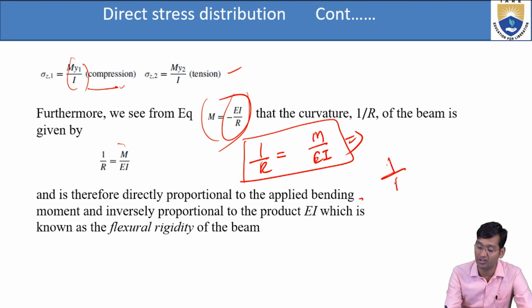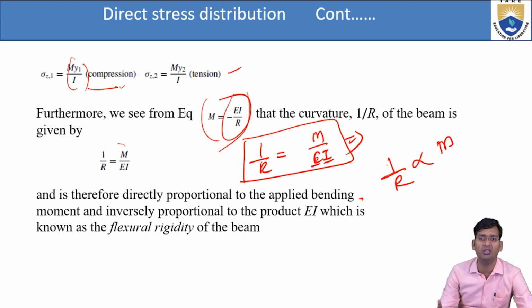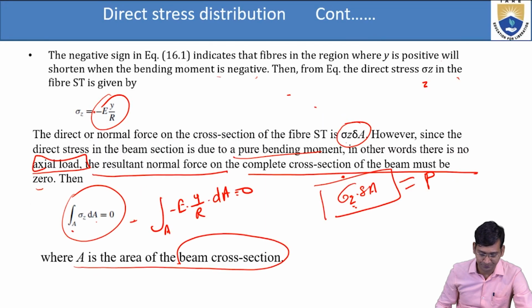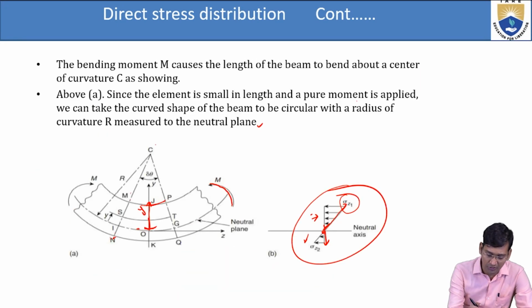So the curvature 1 by R is directly proportional to what? M, because E is constant, and I of that particular beam cross section is constant. So the only variable is M. So the radius of curvature will depend on how much moment you applied. Now come to this figure. How much this length will get compressed depends on this moment value.